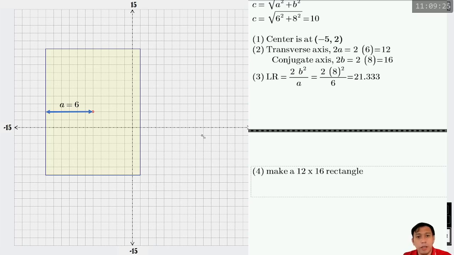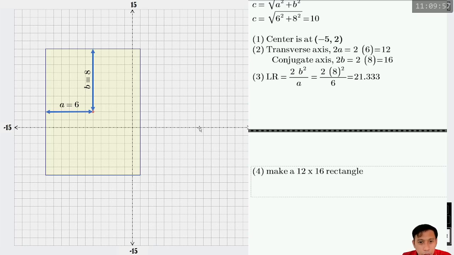This one is b, which should be equal to 8: 1, 2, 3, 4, 5, 6, 7, 8. This is the semi-conjugate axis. What's the purpose of this rectangle?